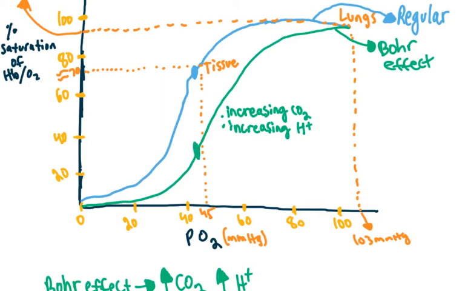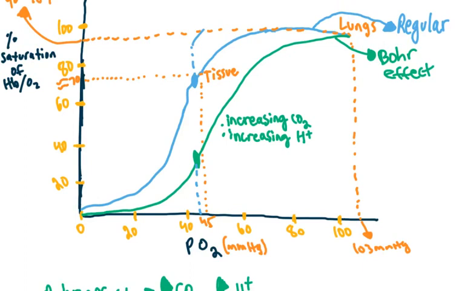Let's say the two dots, this whole dotted line we're comparing, is about 44 millimeters of mercury of partial pressure of oxygen in the blood or the tissue.